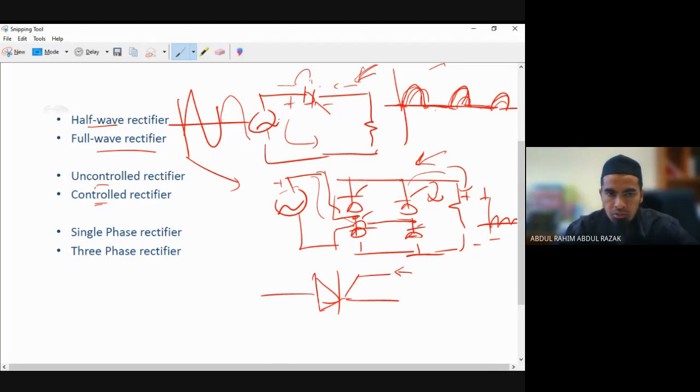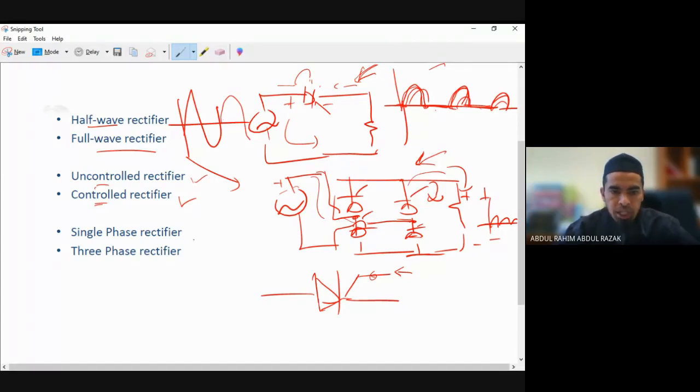Without this part, it is an uncontrolled switch. If you put an uncontrolled switch into the circuit, it becomes an uncontrolled rectifier. If you put a controllable switch into the circuit, it is called a control rectifier. How to control, we'll discuss later, because different devices need different kinds of control signals.